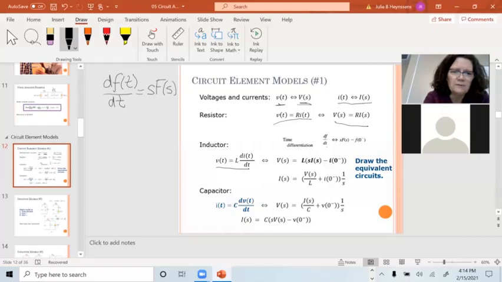So I just take f of t and find its f of s, multiply by s, and I don't have to take the derivative. But there's another little term out here, minus, and this is little f of 0 minus. So that's the initial condition in the time domain.